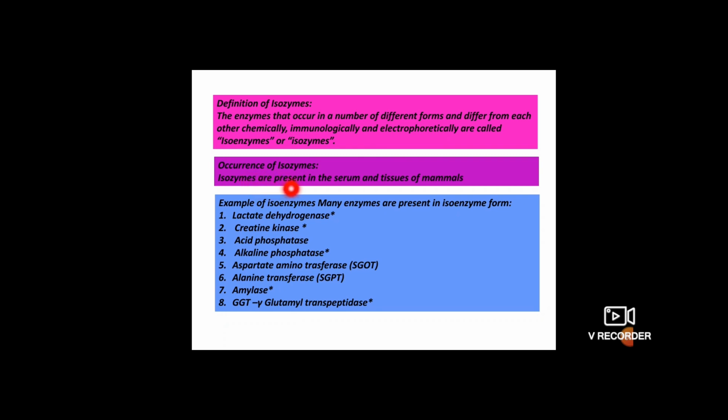Mostly the isoenzymes are present in the serum. Serum means in the blood, and in the tissues. The tissues means the organs, for example liver, brain, kidney, intestine. Like this, so many organs are there where it originates. In the last slide we saw synthesis. The position of the gene where it is located, there it is produced and starts the function. So that is the occurrence.